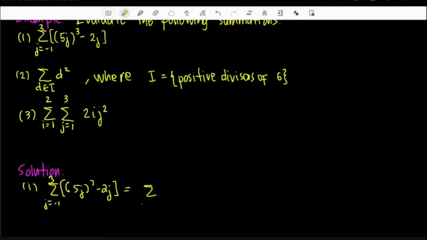This is the summation j equals -1 up to 2 of 5j cubed minus the summation j equals -1 up to 2 of 2j.